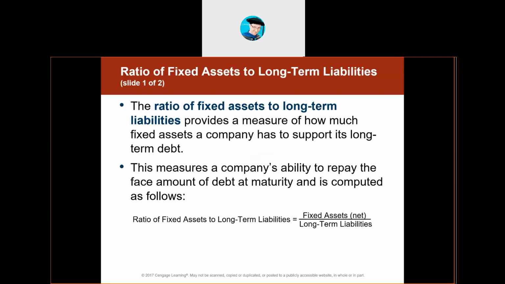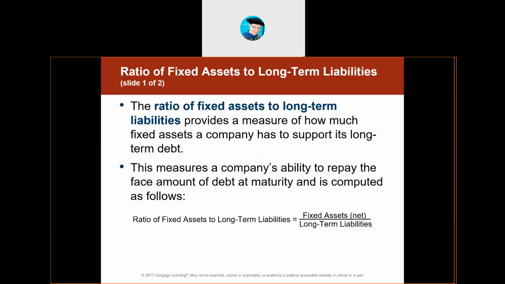Okay, the ratio of fixed assets to long-term liabilities provides a measure of how much the fixed assets of the company are being used to support its long-term debt, and it tells us the company's ability to repay the face value of the debt. To figure out this ratio, we take our fixed assets net amount. That's our total fixed assets.